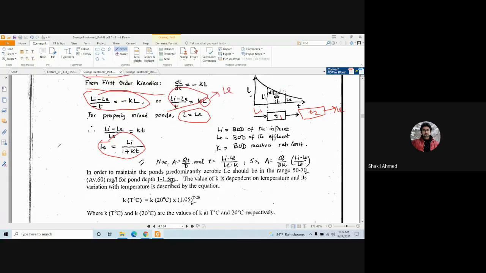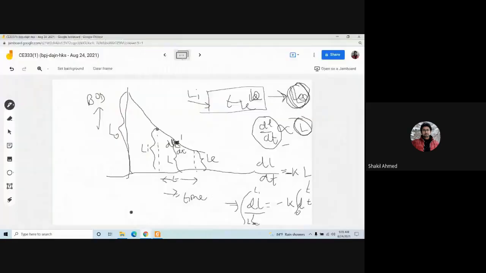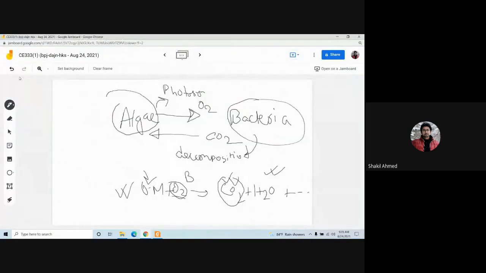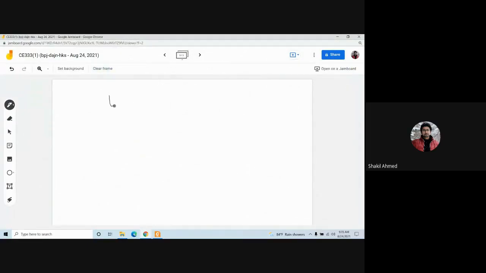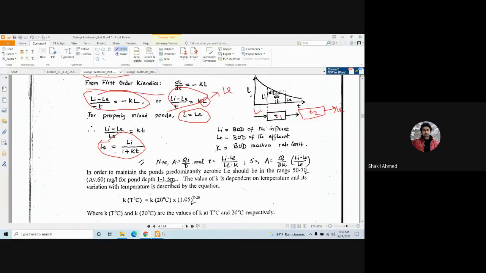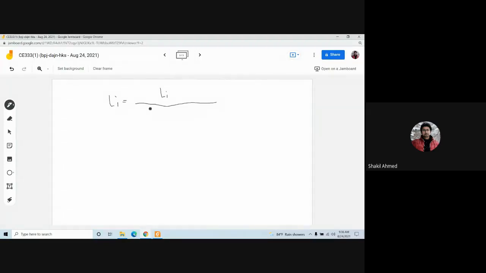So you could write, using the same formula, Le equals Li divided by 1 plus k into T1 into 1 plus k into T2.